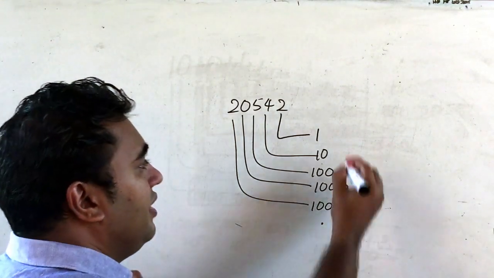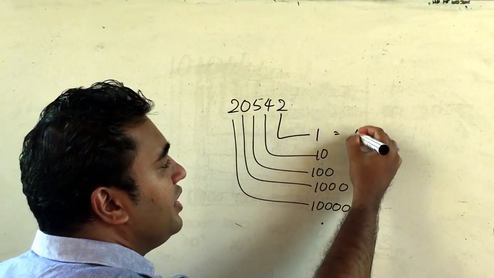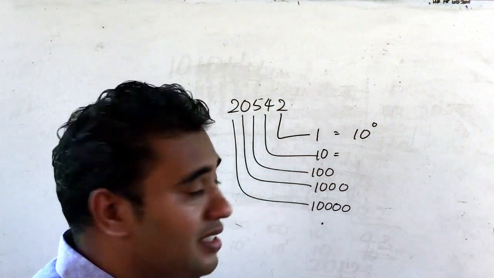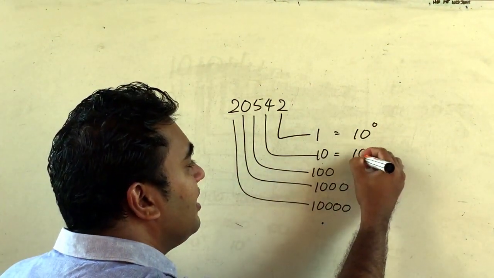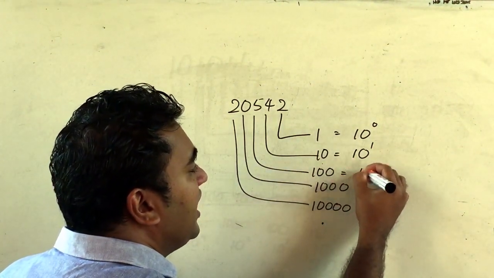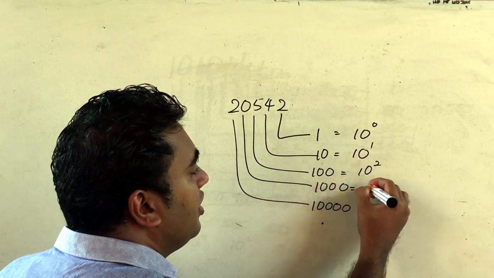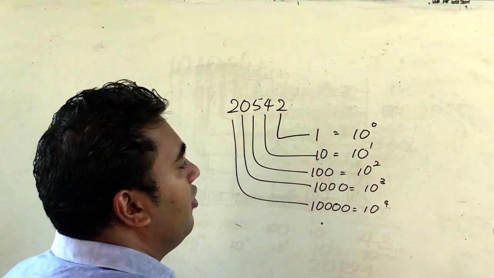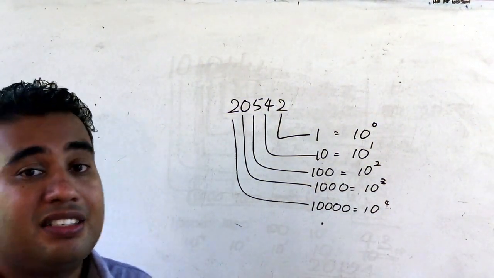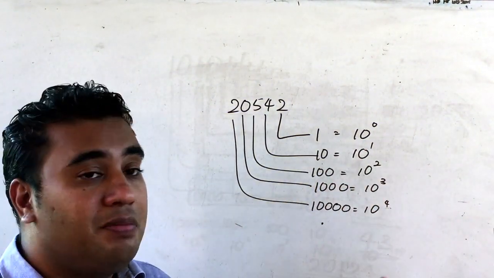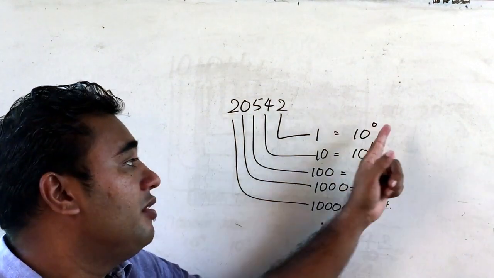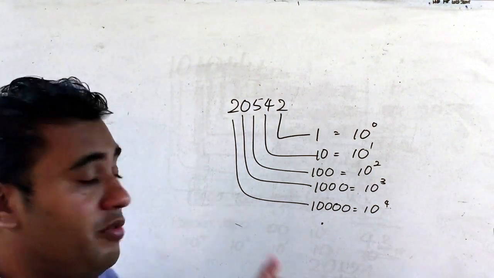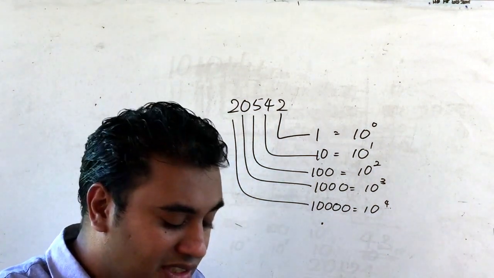This is equal to 10 to the power 0 because the base of decimal is 10, and this is equal to 10 to the power 1, 10 to the power 2, 10 to the power 3, 10 to the power 4. Like that, we can represent each of these place values using the base of that number system. So the same concept we are going to apply to other bases as well.